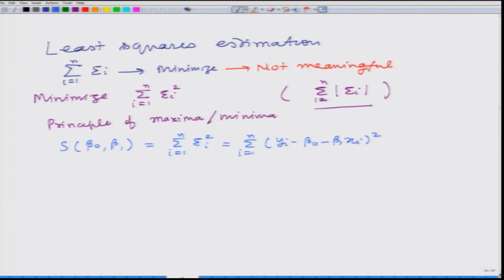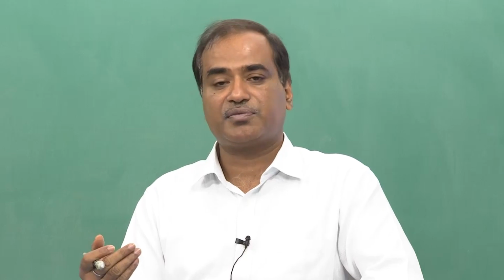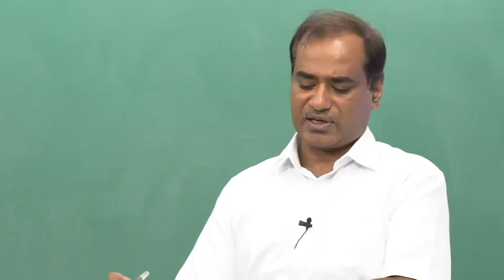The principle of maxima and minima says that we need to obtain the partial derivative of S with respect to beta 0 and beta 1, put them equal to 0, solve it, and then check using the second order derivative whether the solution gives us the maxima or minima. So, exactly we are going to follow the same rule.